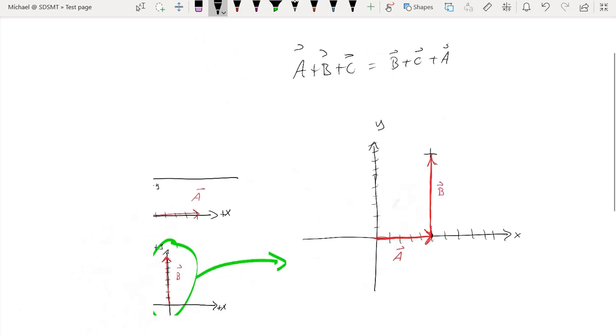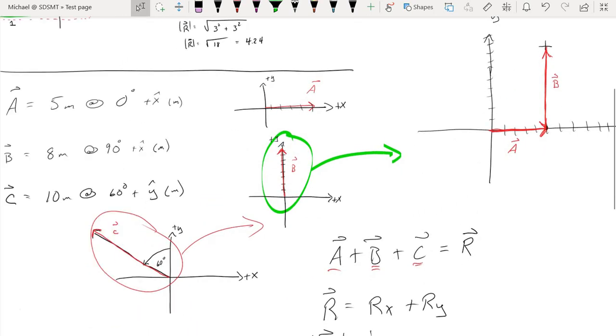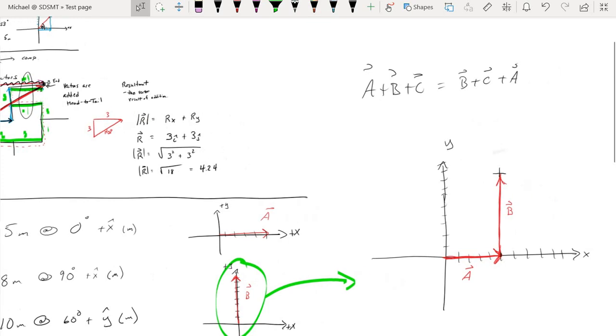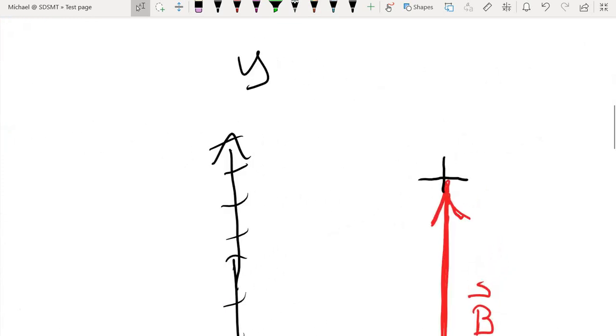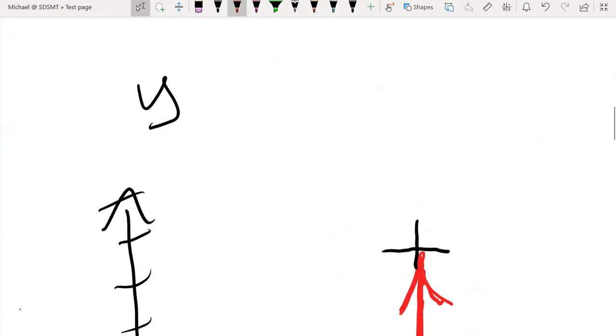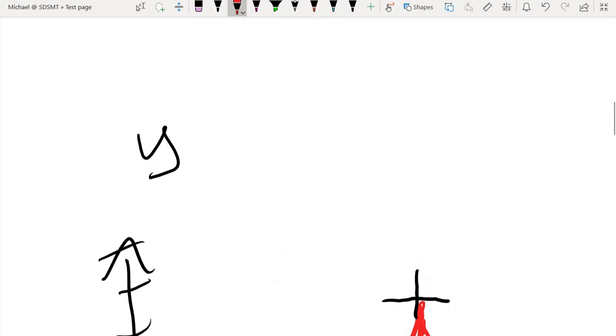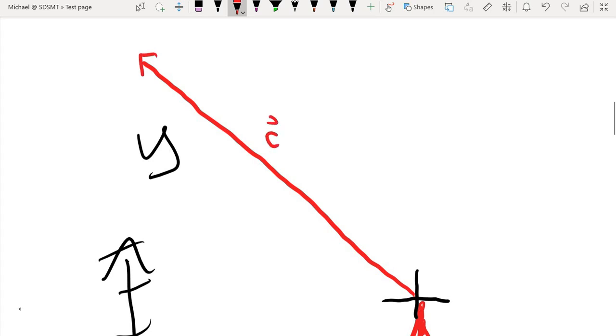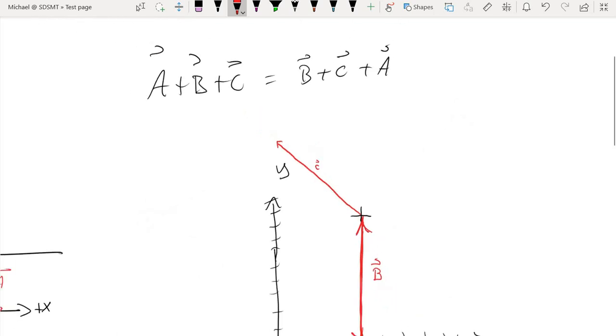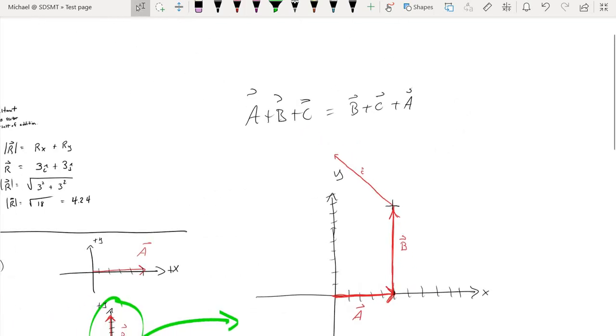So I'm going to take that picture for vector C and duplicate it right where that miniature XY axis is sitting. But this has to be approximately 10 meters long, so we'll come out here about 10 meters or so. We'll call that vector C. And so that's what my picture is going to look like.